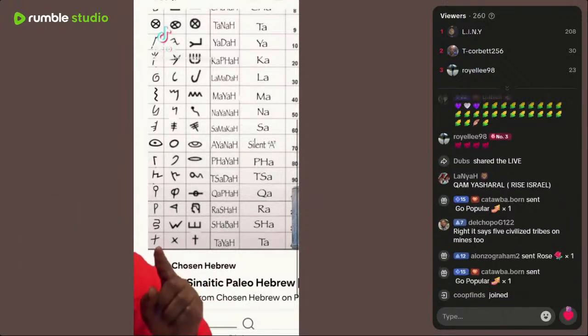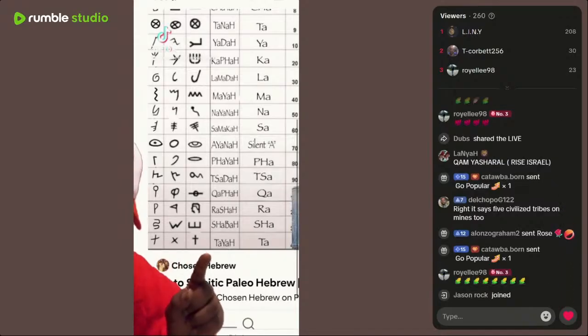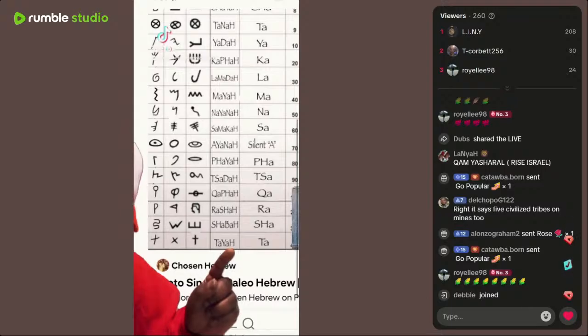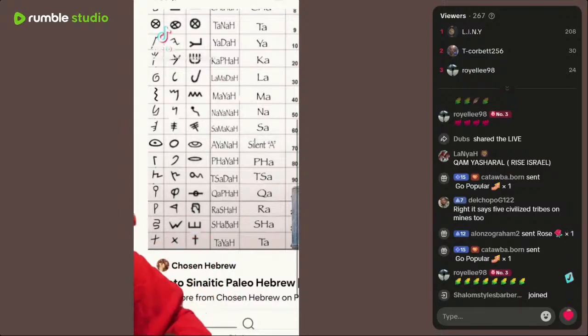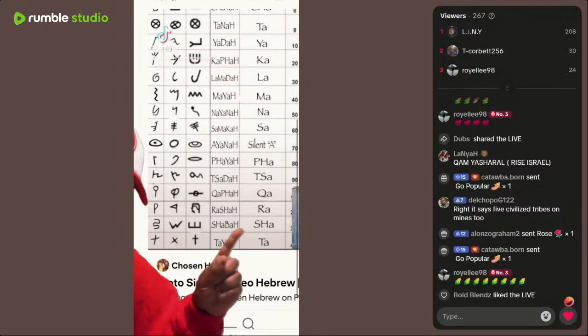The X and the cross, Ta. That's where you get Ta Mary. You put Ta Mary symbol, the X and the cross. That's why Egypt is calling it Ta Mary with the X. Mississippians got the cross for Ta. Stop playing with me.